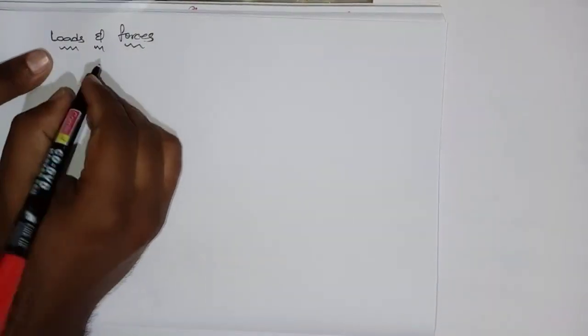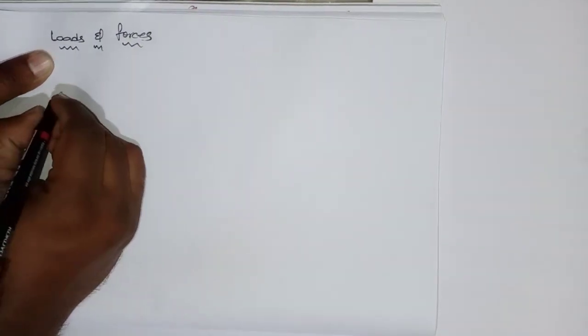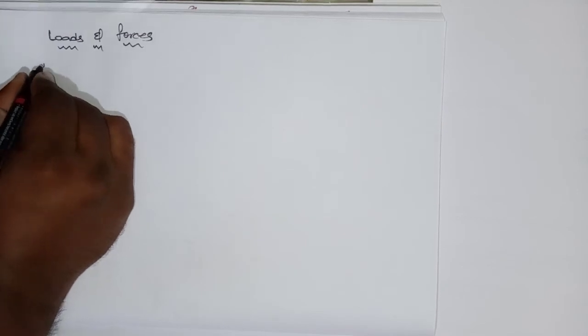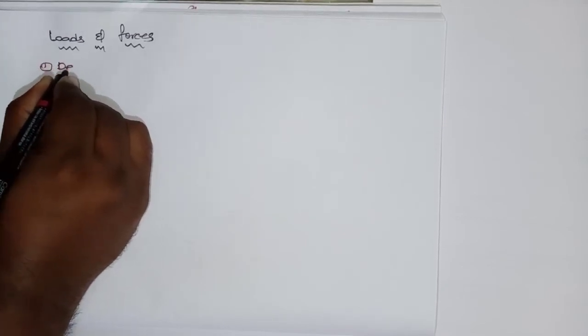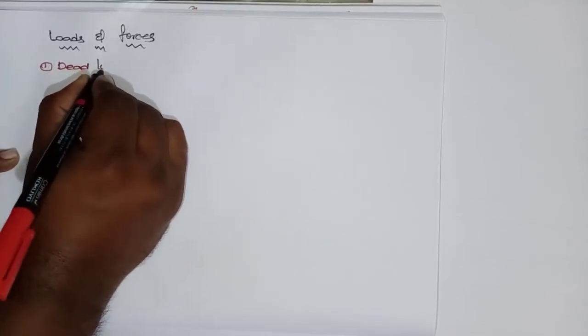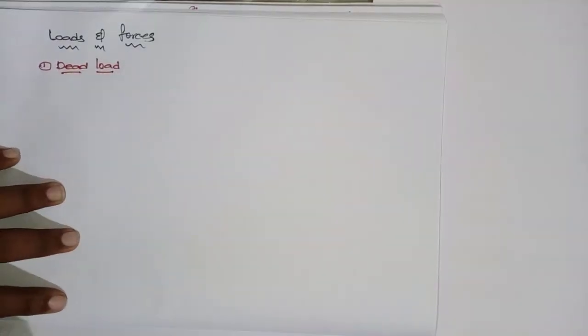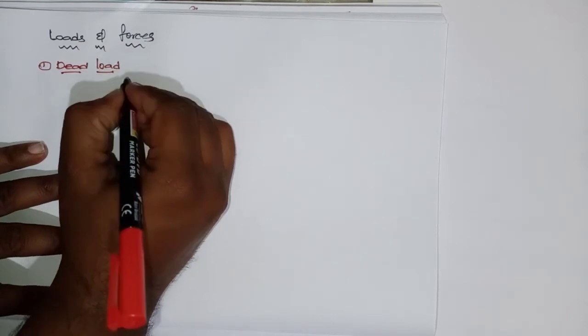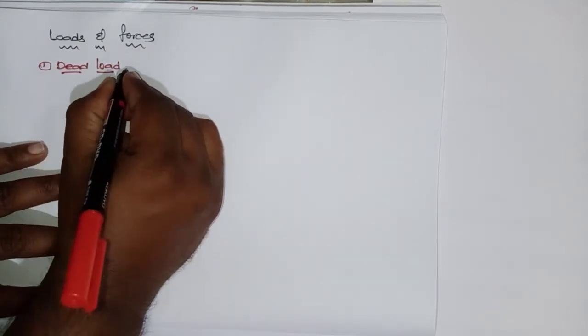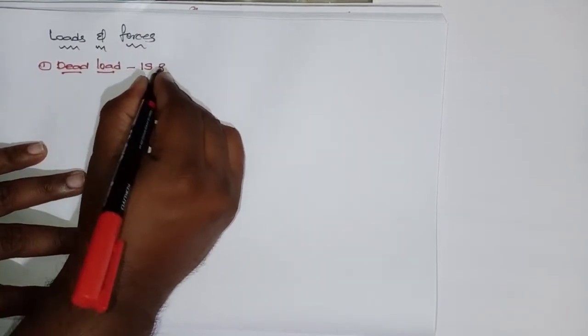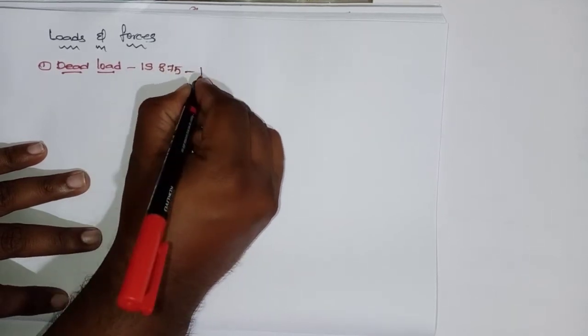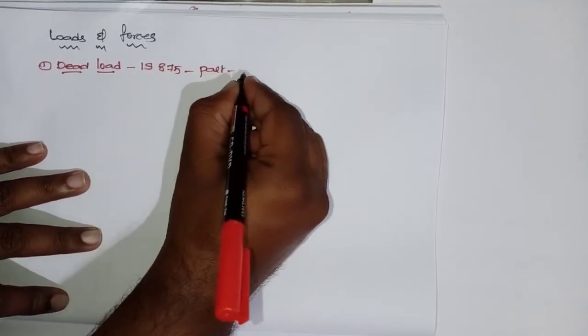Coming to the different types of loads considered in the design of steel structures, first and foremost is dead load. Okay, we'll see what codes we are using also. This is as per IS 875 part 1, 1987.